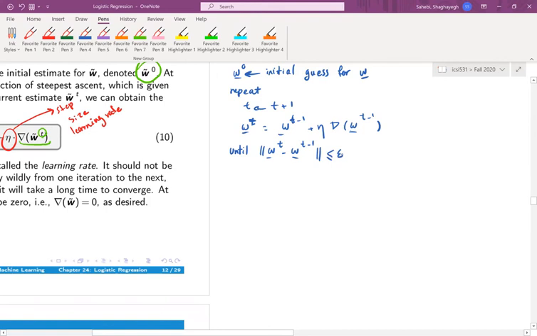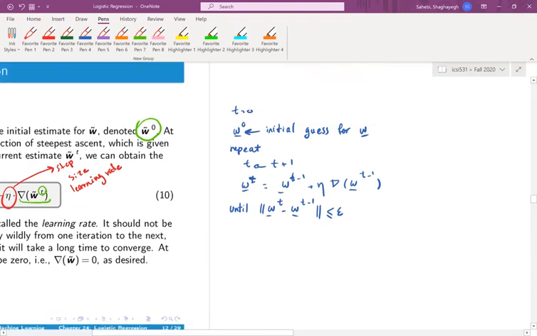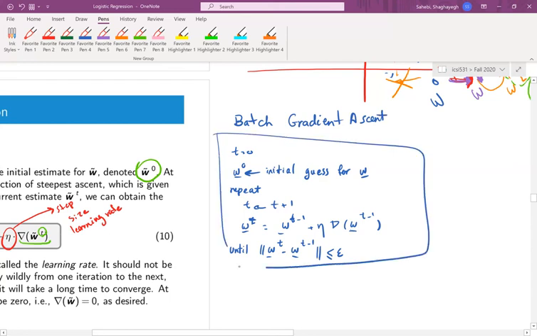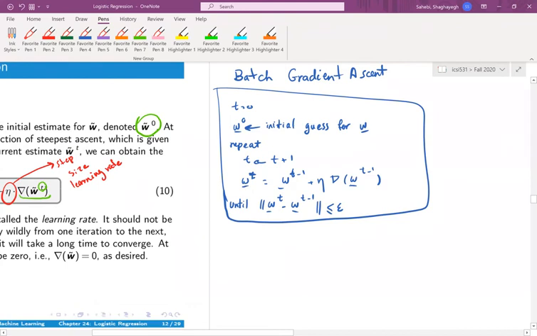And that is the gradient ascent algorithm for finding the maximum value. And this is called batch gradient ascent. Why is it batch? Because we are calculating the gradients of W considering all data points in the data set.